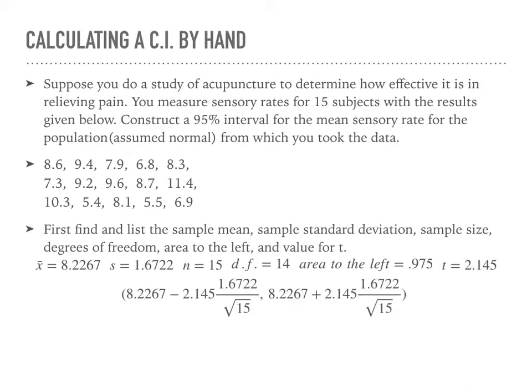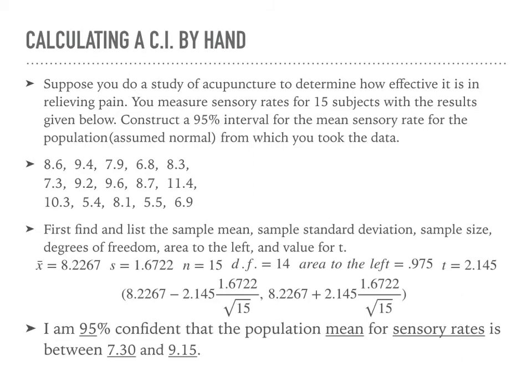So our interval, writing it out then, with a t of 2.145, we would have our sample mean minus our t-value times the ratio standard deviation divided by the square root of the sample size, and then sample mean plus t-value times the ratio standard deviation over the square root of the sample size. So we're saying I am 95% confident that the population mean for sensory rates is between 7.30 and 9.15.